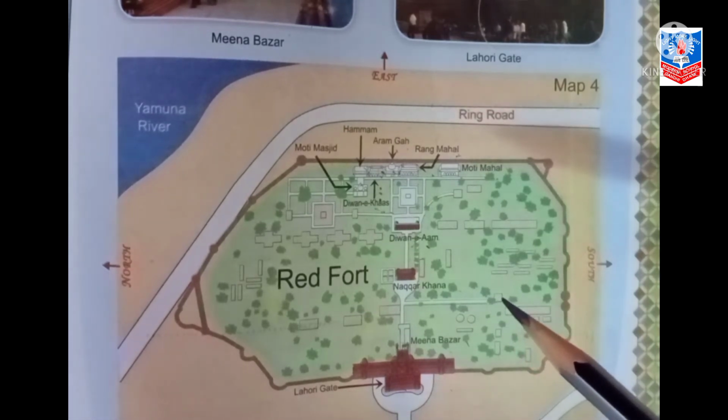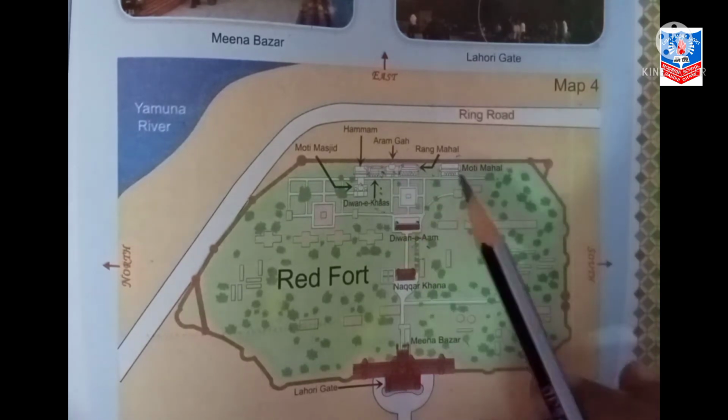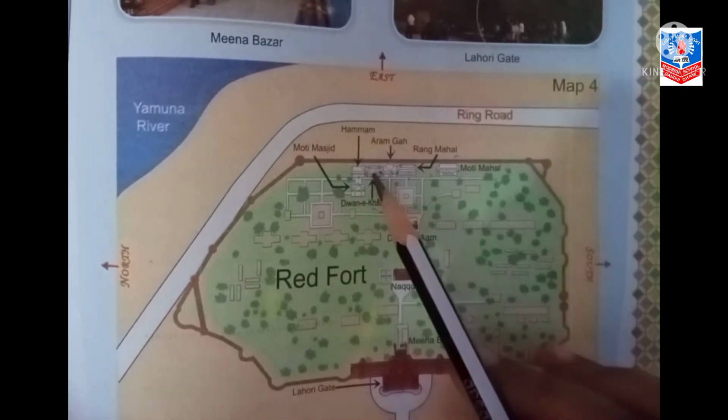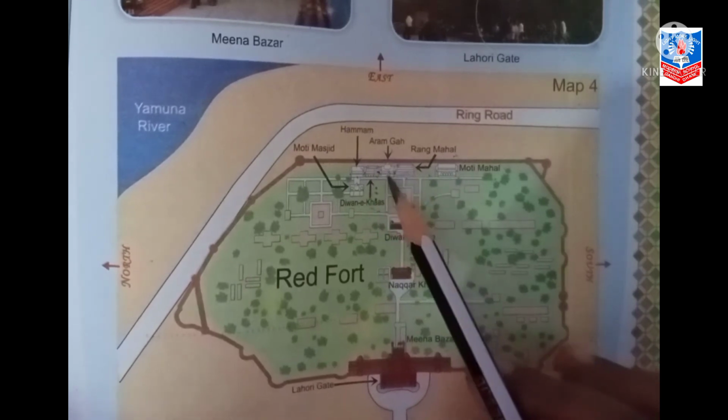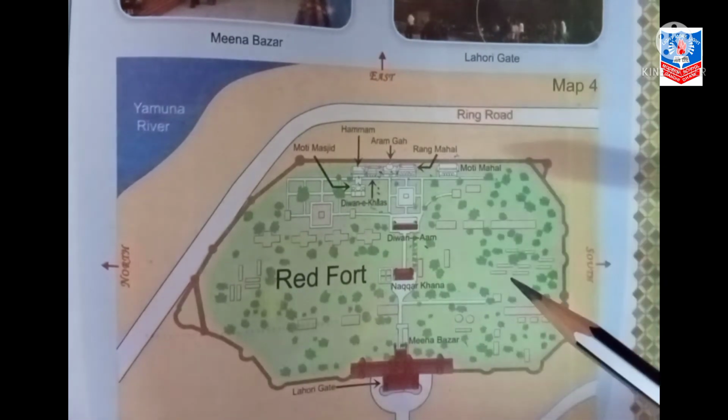So from Rang Mahal to Hammam, which two buildings will you pass through? So see, Rang Mahal is here, Hammam is here. So which two buildings will you go through? That is Aram Ghar and Diwane Khas. Understood?